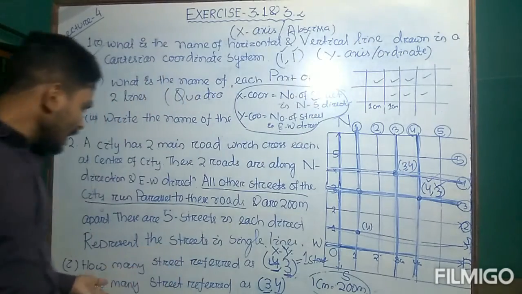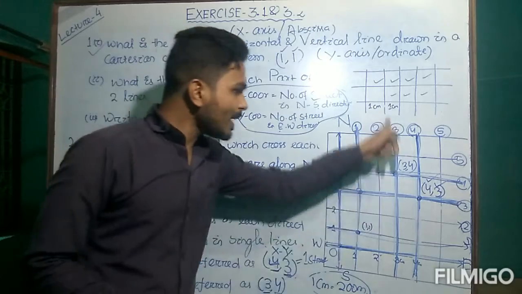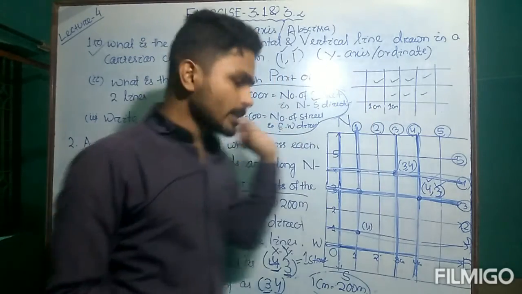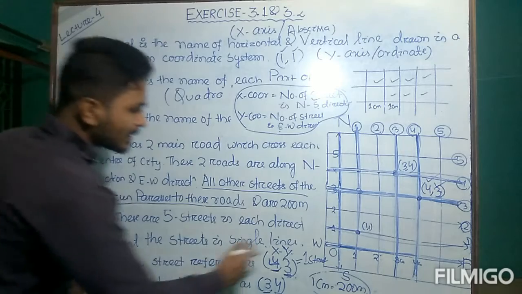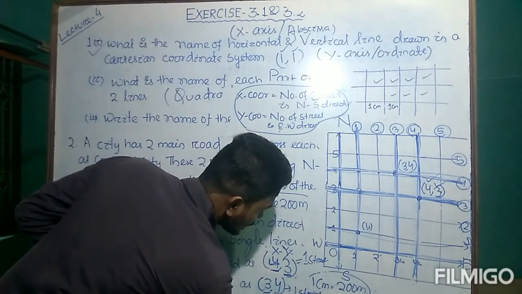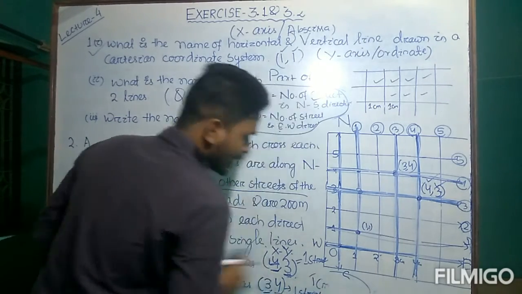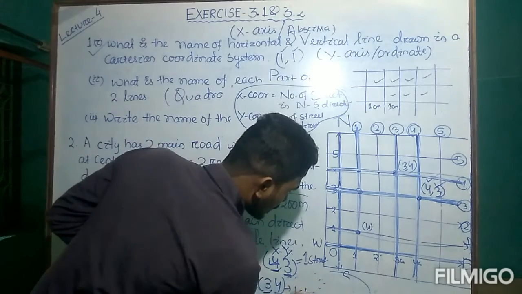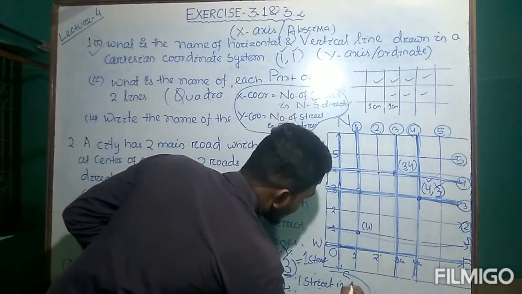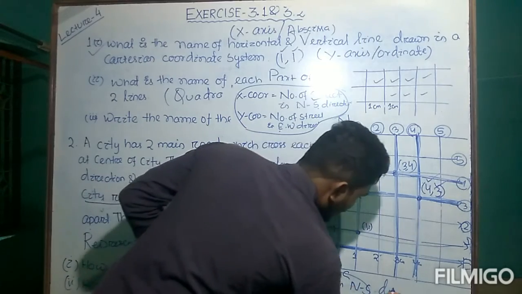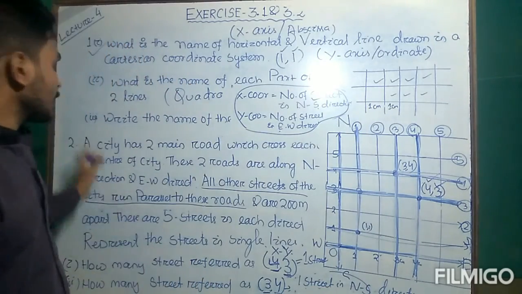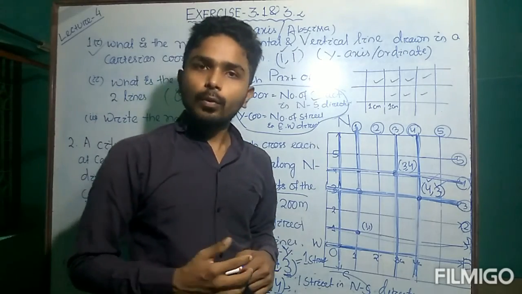Then how many streets are referred to as 3, 4? Only one street. This street, street number 3 in the north-south direction, is referred to as 3, 4. The answer is one street. One street. In which direction? You have to write that. One street in the north-south direction. Okay, so this is done, and this is a question from exercise 3.1.